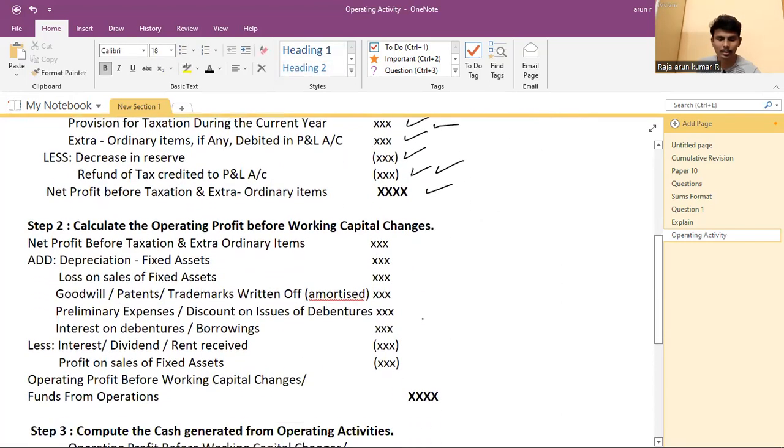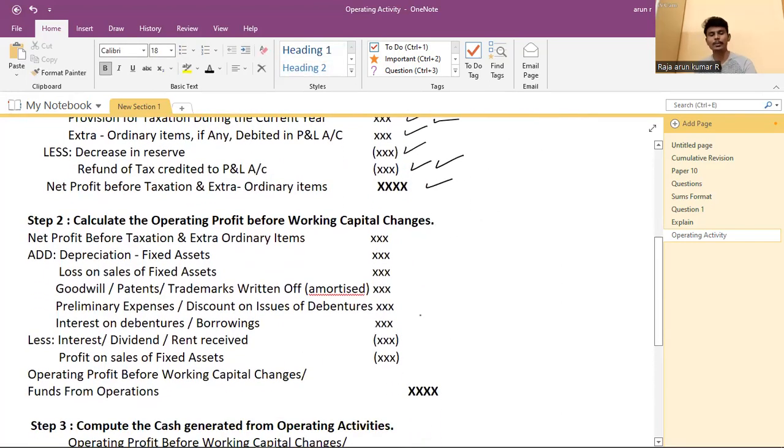After we conclude that first step, we go to the next step, calculation of operating profit before working capital changes. In this, the answer of the previous step, say 50,000, we put in the next step also, 50,000.